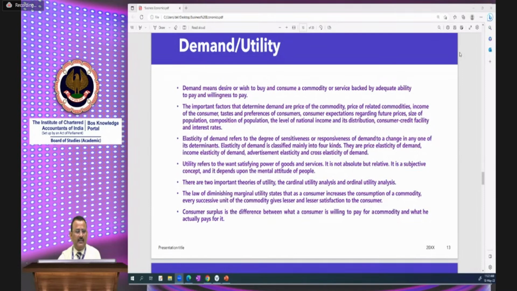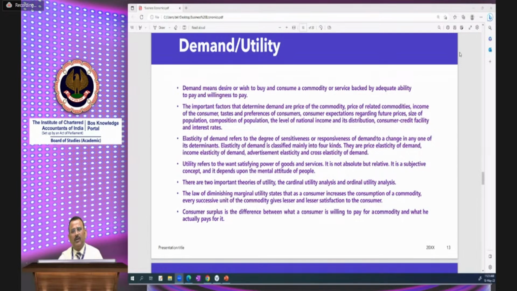concentrate on the elasticity part, because questions are asked from elasticity every time. So try to read what has been given in your study material thoroughly, and remember the formula for calculation of that particular elasticity.